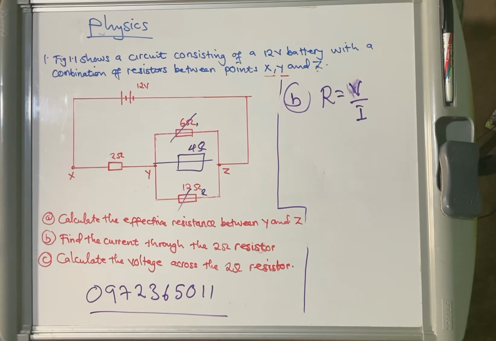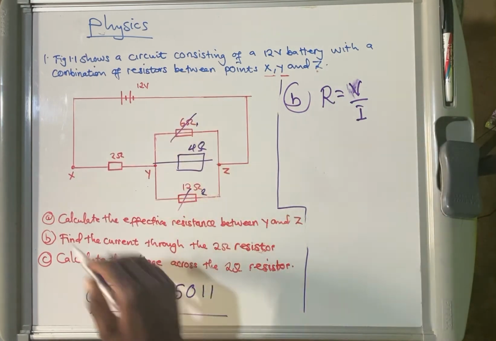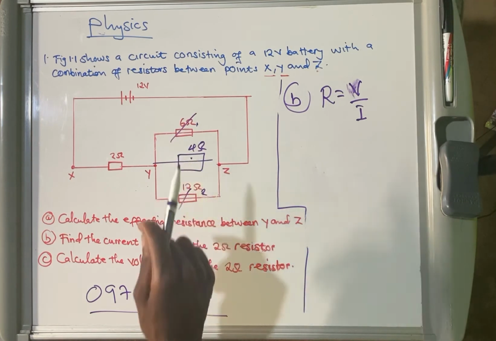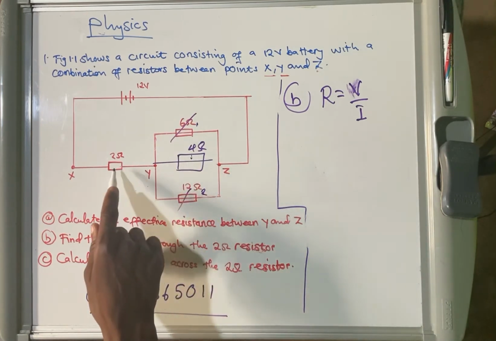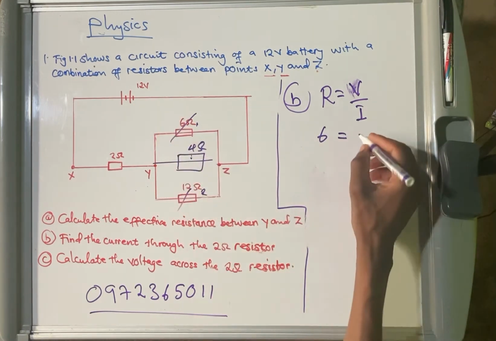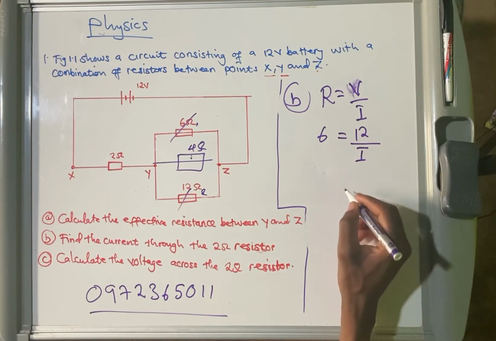So for you to find the total current, we have to find the total resistance in the circuit. Remember here we combine these two to make 4. So the total resistance becomes 4 plus 2, which is 6, equals the total voltage, which is 12, over current, the one we want.